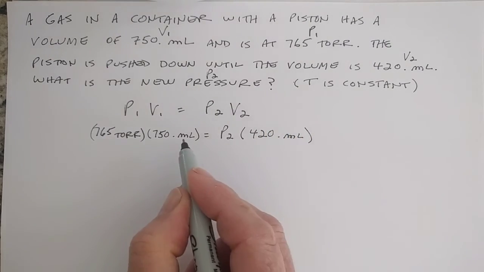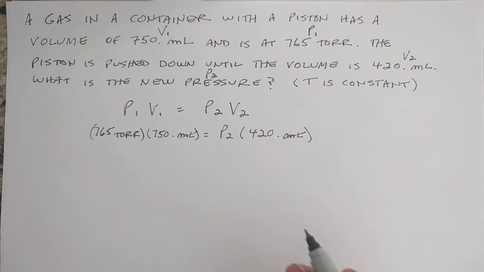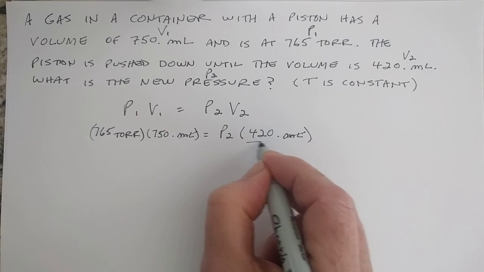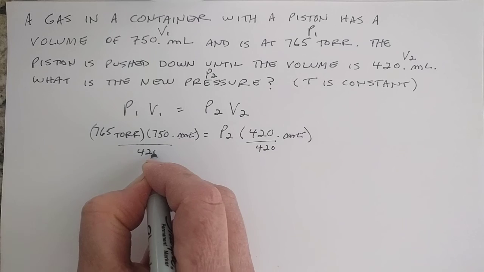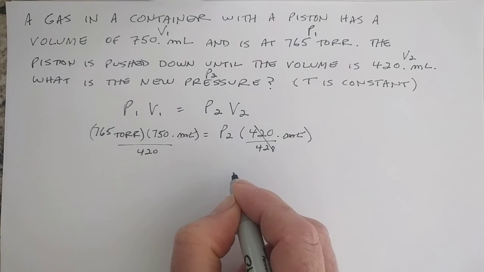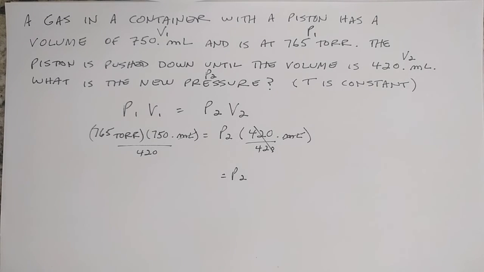So milliliters is on both sides of the equation. If I divide by milliliters, the milliliters cancels out. I have to get P2 by itself. Divide this side by 420. Divide this side by 420. That cancels out. I have P2 by itself. And now let's do the math.